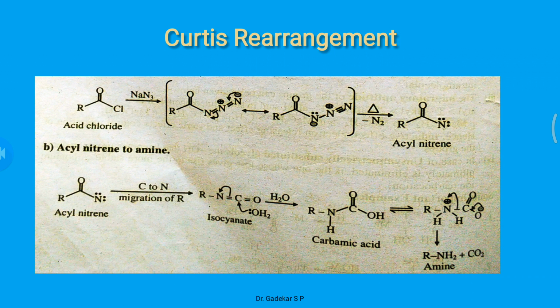Second reaction B, acyl nitrene to amine, conversion of acyl nitrene to amine. Acyl nitrene is highly unstable and conjugated with the carbonyl group. Okay, so the carbonyl group is highly electron withdrawing, so that's why the lone pair migrates toward the electron-withdrawing oxygen to form, say, an unstable species, and then the R group migrates to the nitrogen atom and forms an isocyanate.